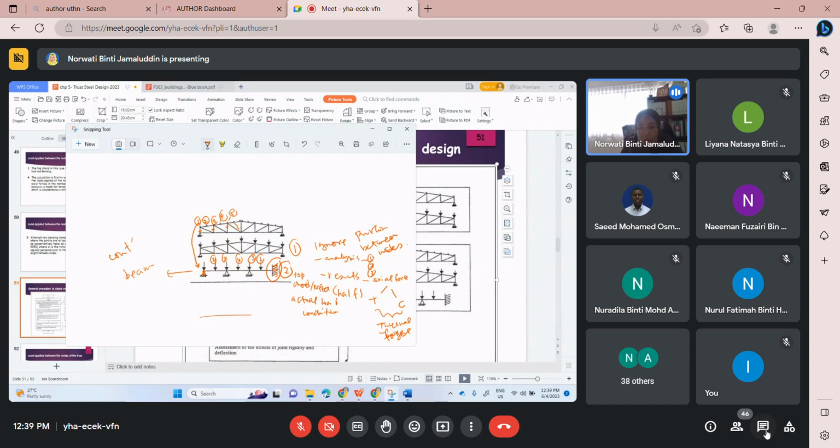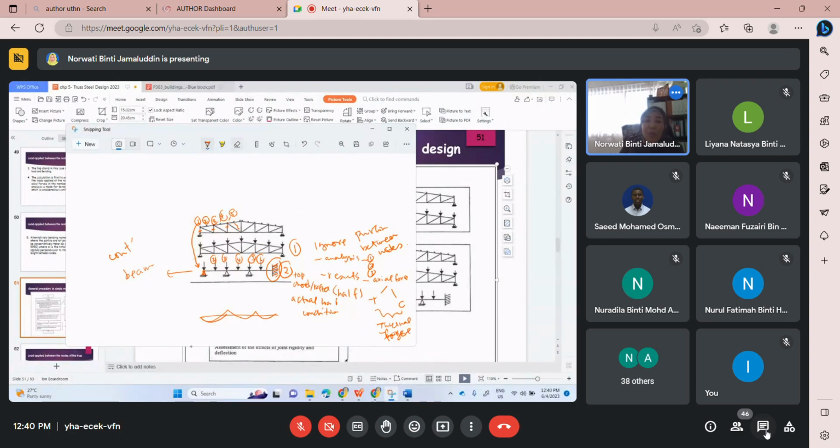I bet you already know how to analyze. Kan? Macam mana? Macam ni. Continuous macam ni lah kan? I bet you already analyzed.